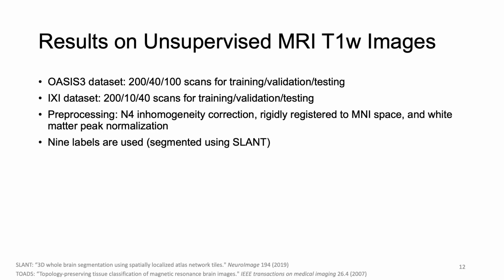Specifically, all scans are first segmented using a whole brain segmentation algorithm called SLANT. The output labels are combined into 9 labels following a previous paper. For all methods in our experiment, a deformable transformation is produced from the intensity image and applied to the label image. Ideally, the warped label image should also align with the fixed label image. Therefore, we calculate the dice coefficient between the 2 label images.